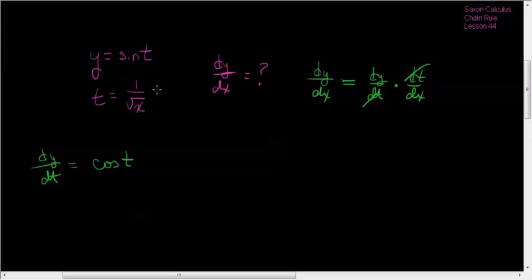And t, this is x to the negative 1/2. So dt/dx is negative 1/2 t to the negative 3/2. So dy/dt times dt/dx is going to be negative 1/2 cosine of whatever t is.